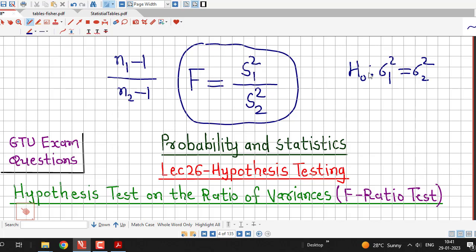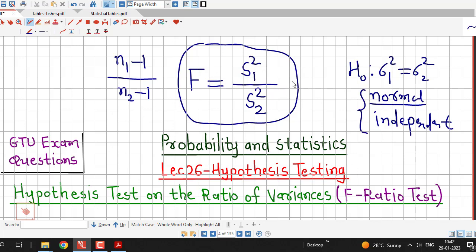So to use this F ratio test, we require two assumptions, that the populations must be normal and the samples must be independent. And under these two assumptions we can apply this F ratio test.